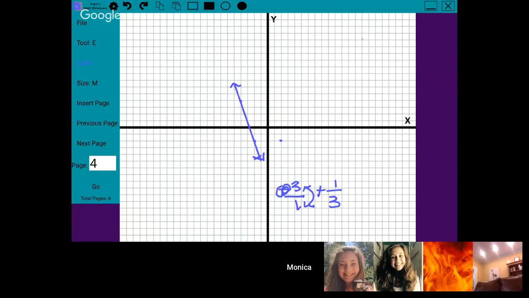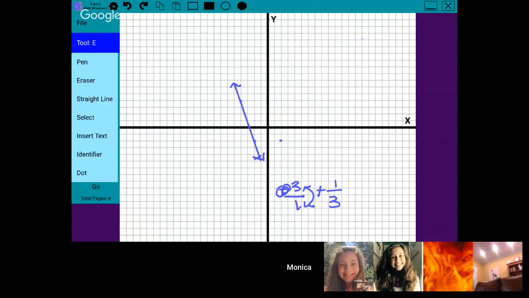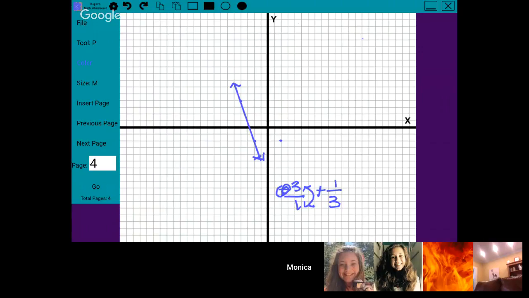So now to graph that perpendicular line, you're going to start at your point P and then go up 1 and to the right 3. Up 1, to the right 3. Like that, okay?